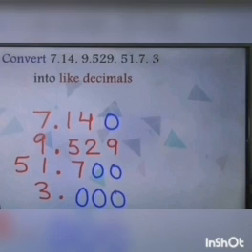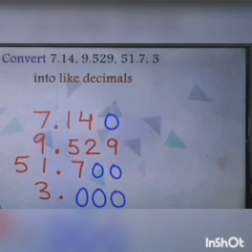So why are like decimals required? Why do we need to convert unlike decimals to like decimals? We need to do that for performing mathematical operations like addition, subtraction, and so on.